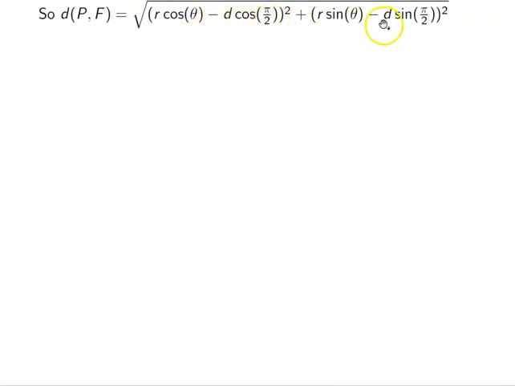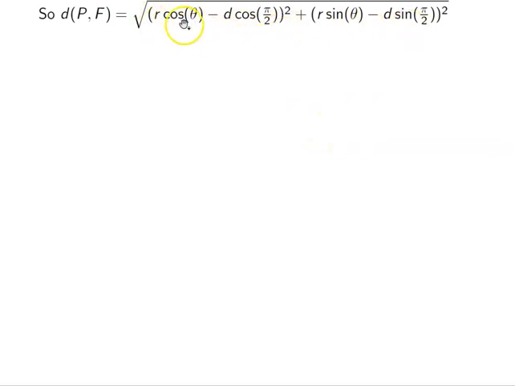Same thing for the y values: for my point, y equals r sine theta, and for the focus it's D sine pi over 2. I take the differences, square them, add them together, and take the square root. First things first, I have to expand this.